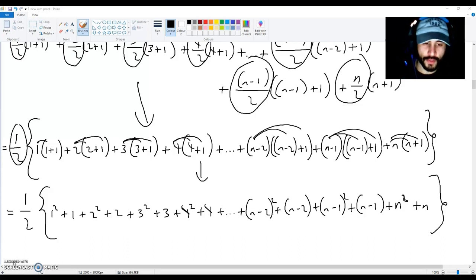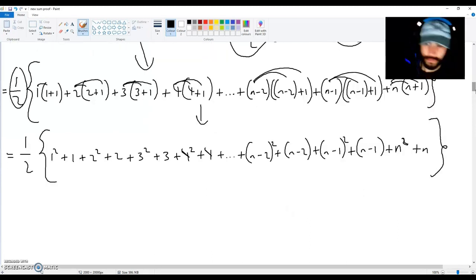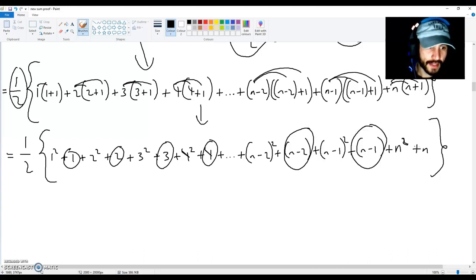To move on, we are going to organize everything that we see inside the brackets. In these brackets we have a 1, a 2, a 3, a 4, an n-2, an n-1, and an n.